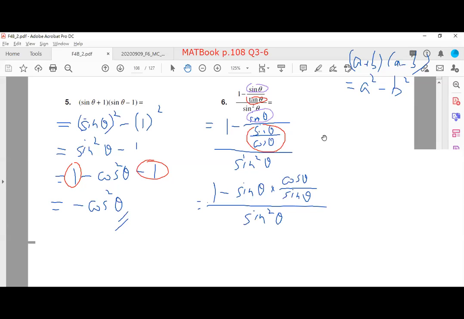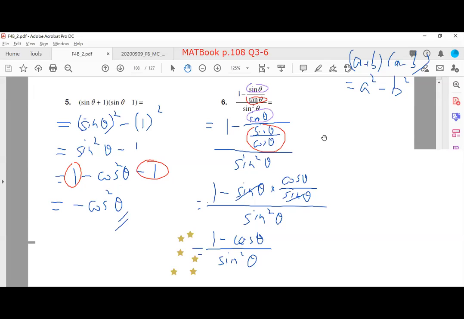And when you come to this part, you are happy because sine theta and sine theta can be cancelled. What is remaining on top is 1 minus cosine theta, and then over sine square theta. So let's put a star here.